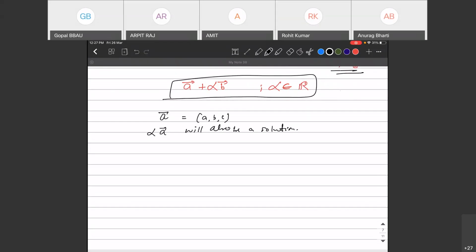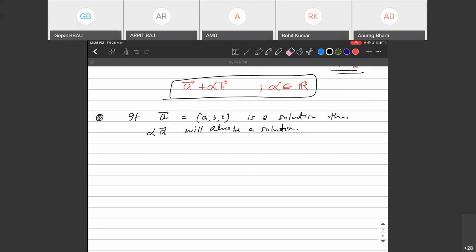So far what we have seen: if A is a solution, then alpha A, which is scalar multiplication by a scalar alpha, where alpha is a real number, is again a solution. Let's note that. If A is a solution, then alpha A is also a solution.